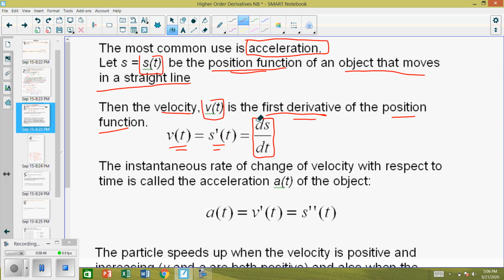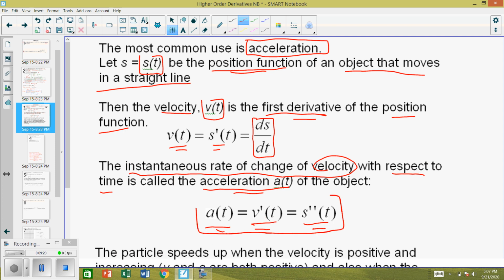Now, what happens if I take the instantaneous rate of change of velocity with respect to time? That's the rate of change of my rate of change, which is another way of saying the acceleration of an object. So a of t is equal to the first derivative of velocity, or just the second derivative of my position function. This is a pretty important thing to understand, and I would really star it and know it. We're going to do a lot with that.